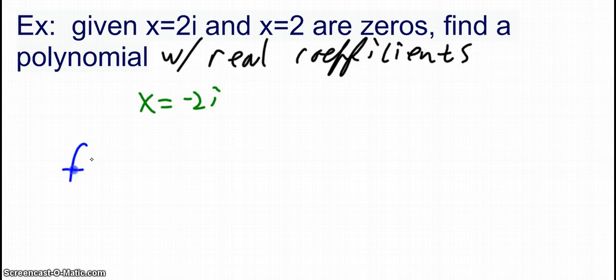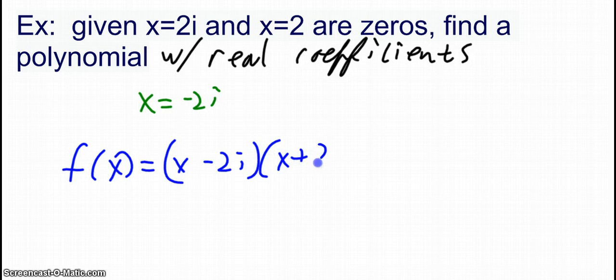So a polynomial would be f of x equals x minus 2i and x plus 2i and x minus 2. We could multiply this out again, but that's not the point of this exercise. The point of this exercise is to recognize that if I have to write a polynomial with real coefficients and one of the zeros is complex, then the conjugate pair of that number has to also be a 0.